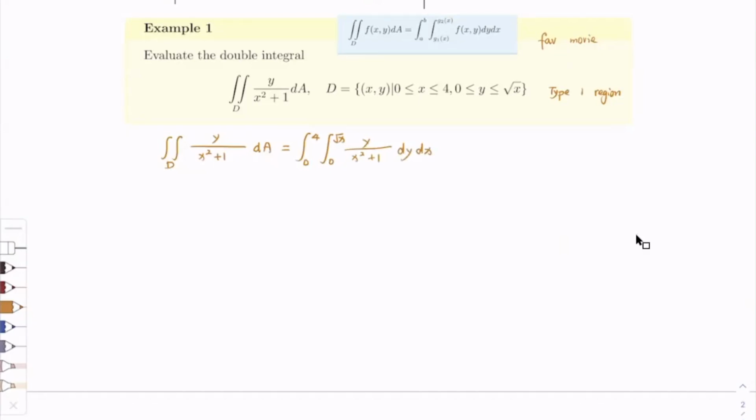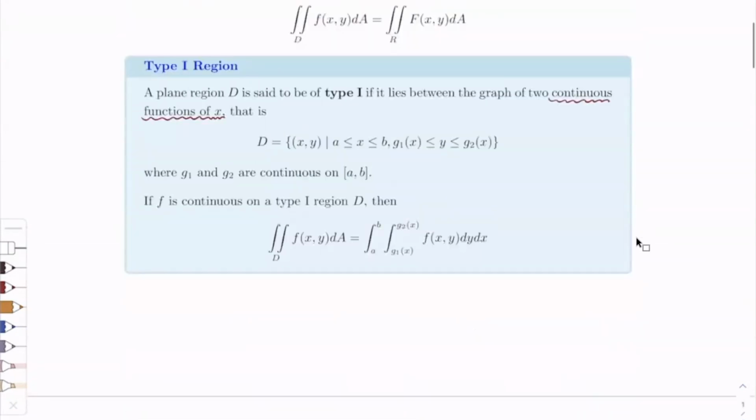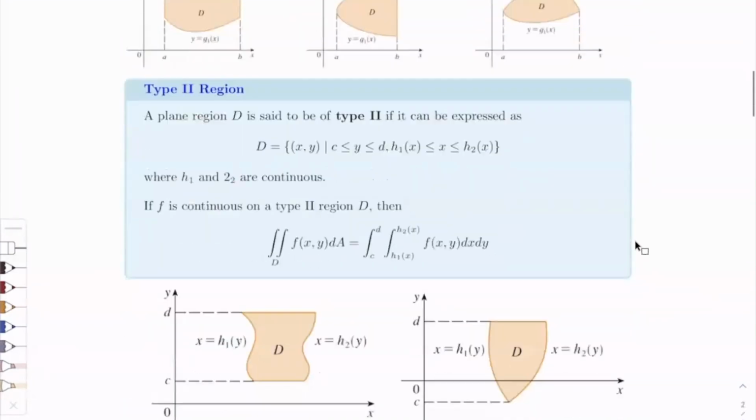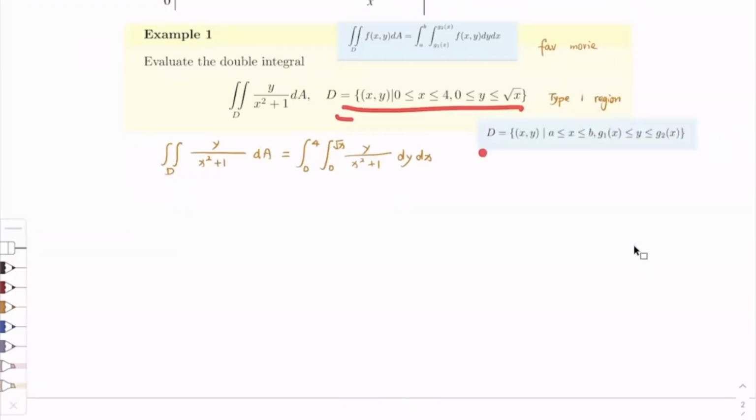How do I know it's type 1? Okay, that's okay. Here, this is type 1. Compare those two. The difference is that for type 1, your y lies between two functions of x.